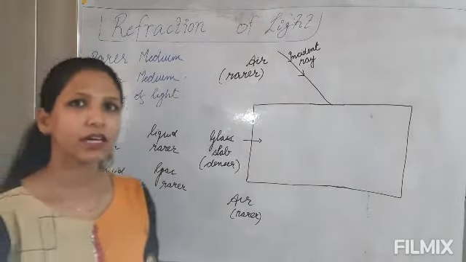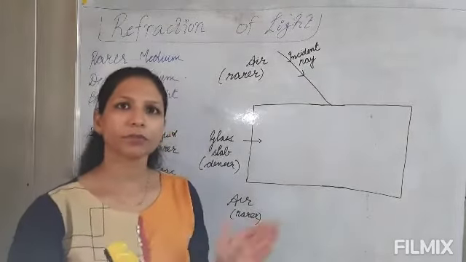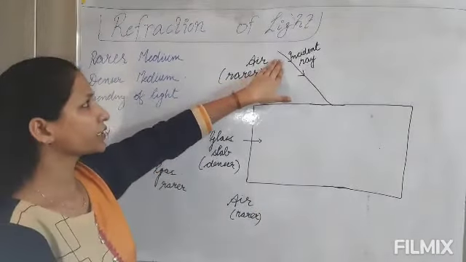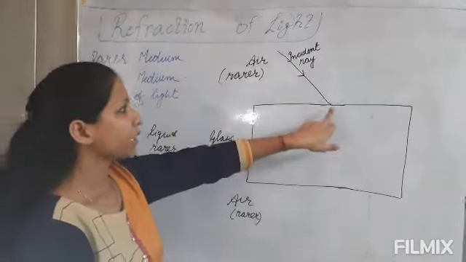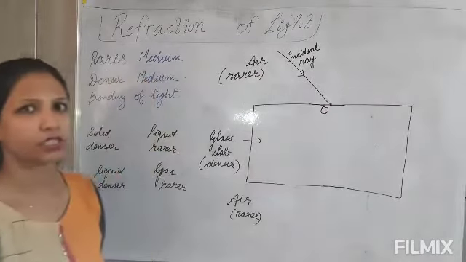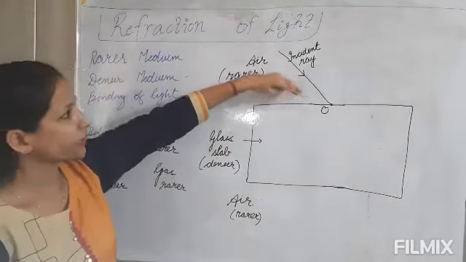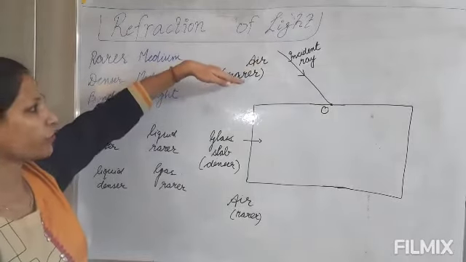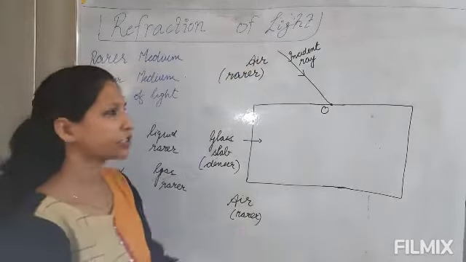Now let us see how does the bending of light depends on the medium. Here the incident ray is in the air, but at this point O, there is a medium change. How? The incident ray is entering the glass slab, means it is going from rarer to denser medium.